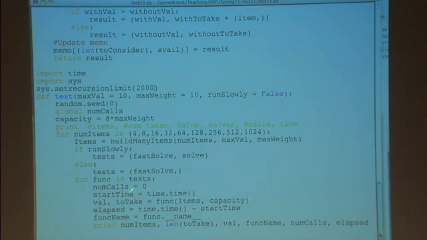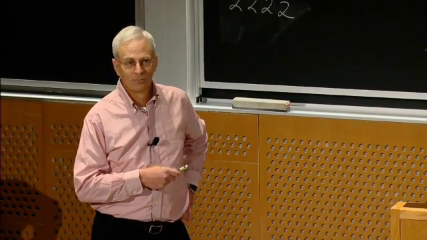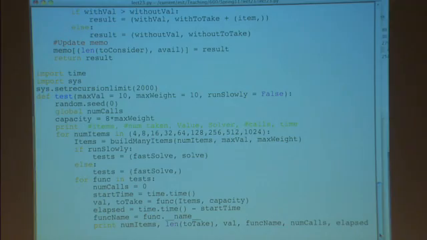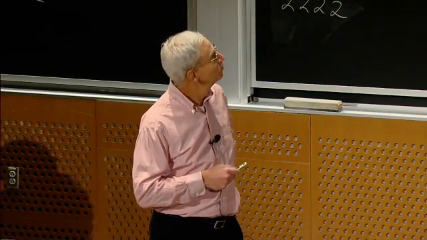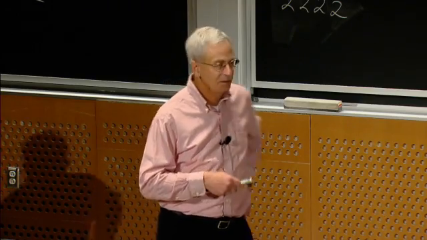I'm going to load up a timer just because I'm curious how long it takes. And then I'll call the func. Notice, again, getting back to what we talked about before, both fastSolve and solve get called with the same arguments. I could not have done this trick if fastSolve had required an extra parameter. And then I'll just see how well it did.